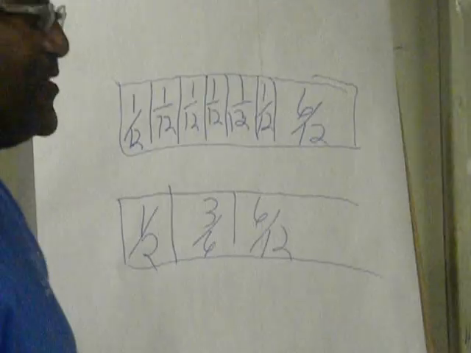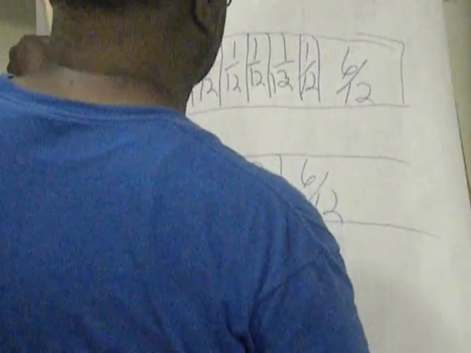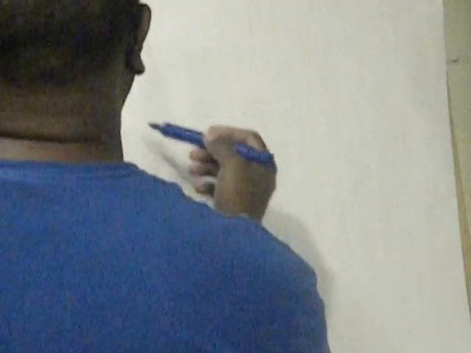So what we're going to do here, we're going to show you another way. Another way we have here is we're going to use multiplication. So you heard of multiplication of fractions. We're going to use a little bit of multiplication. Use an example.